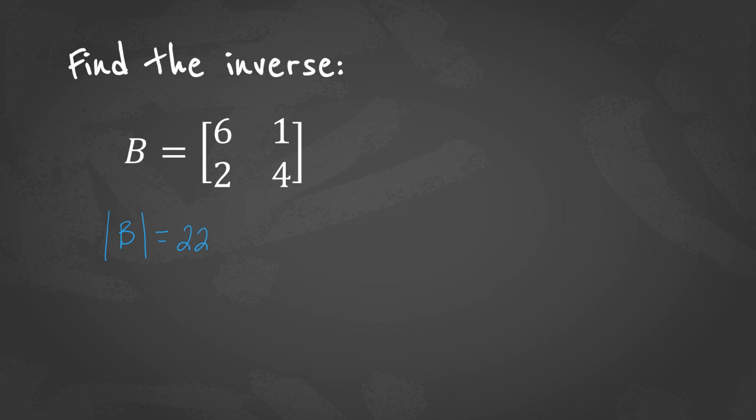So I'm going to multiply 1 over 22 by my changed matrix, and that's going to be the inverse of B. So remember, I'm going to switch A and D, and I'm going to change the signs of B and C. And now I'm going to multiply by 1 over 22, which gives me 4 over 22, which is 2 over 11, and negative 1 over 22, and negative 1 over 11, and 3 over 22, which is, again, the inverse of B. Now, if I multiply the two of these, I should get the identity matrix.